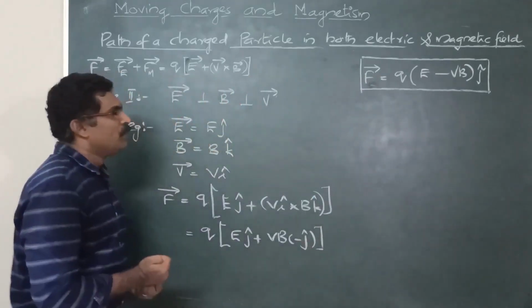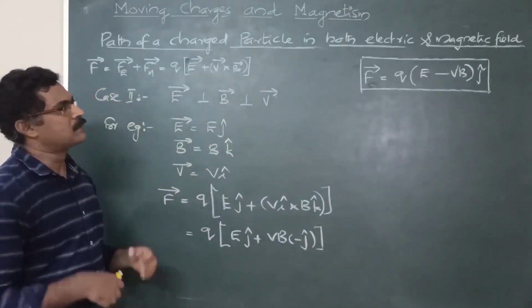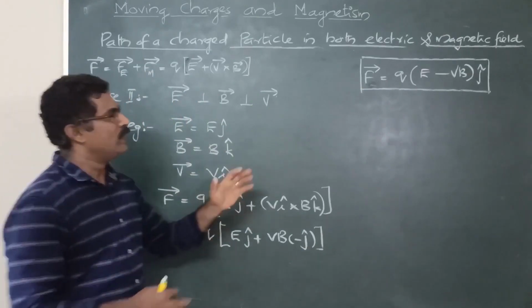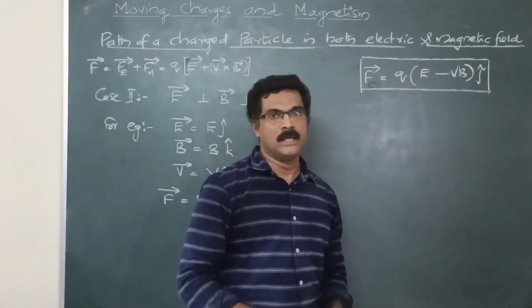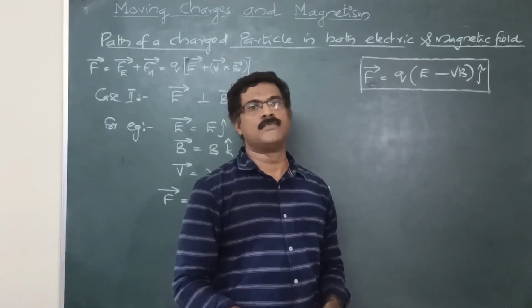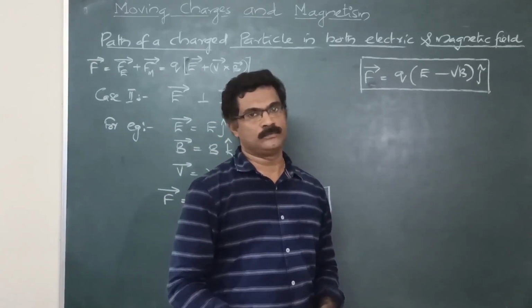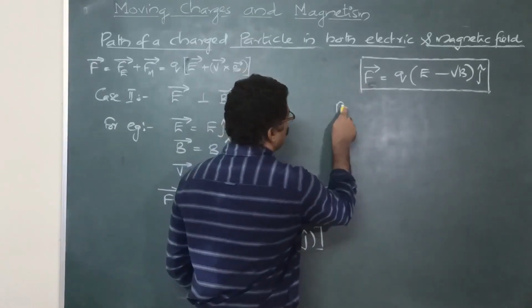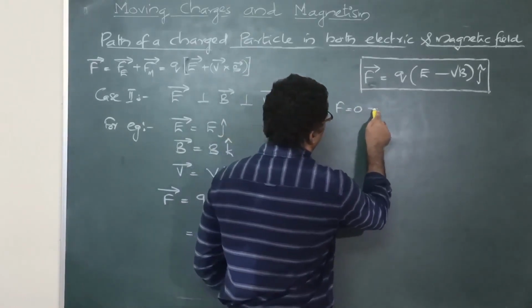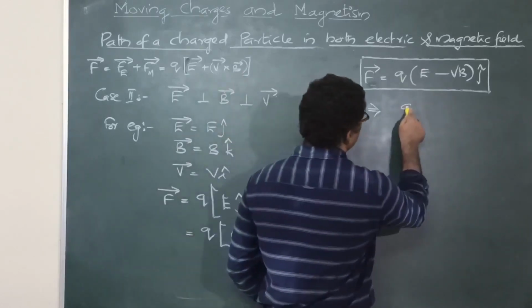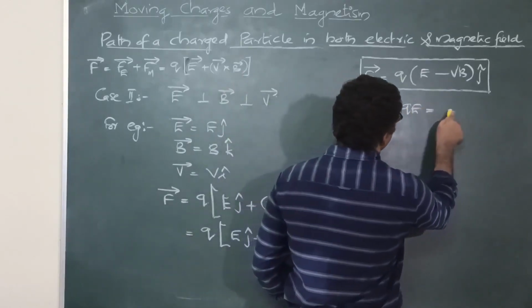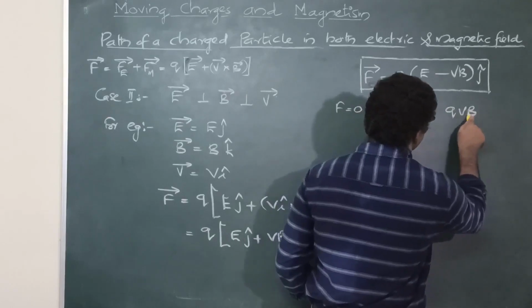Okay, now let us consider a special case where we adjust the magnitude of the electric field and magnetic field in such a way that the net force becomes 0. So if F equal to 0, what is the meaning? The meaning is this one: QE equal to qvB.